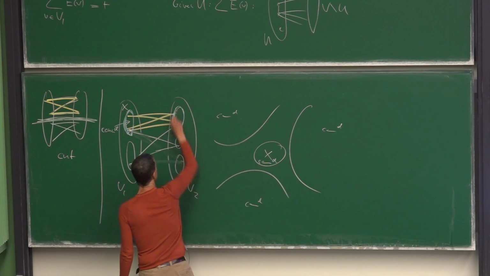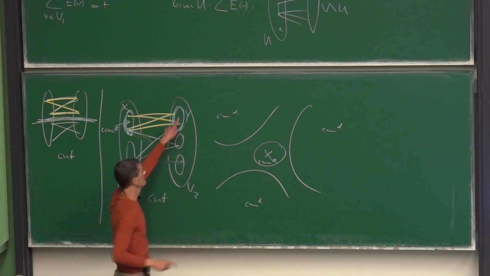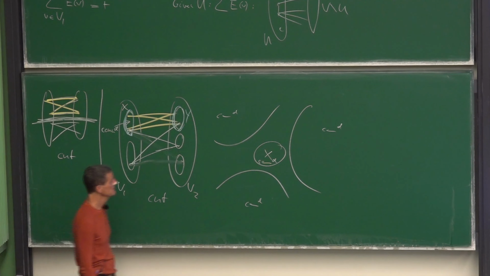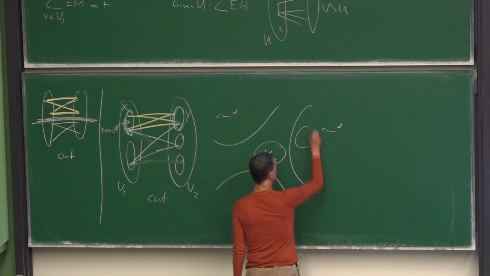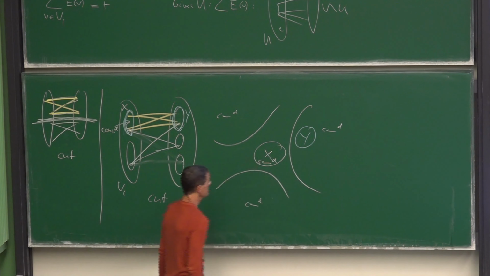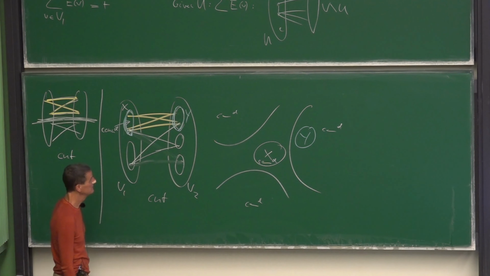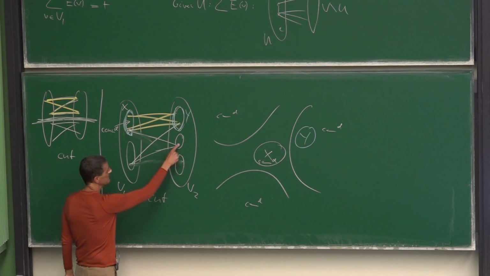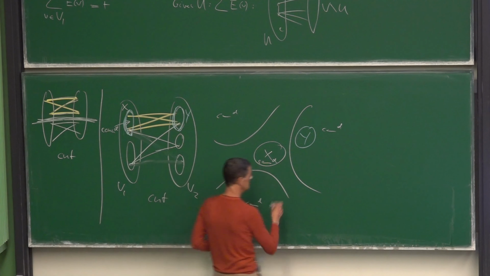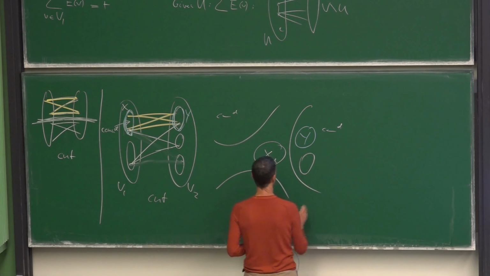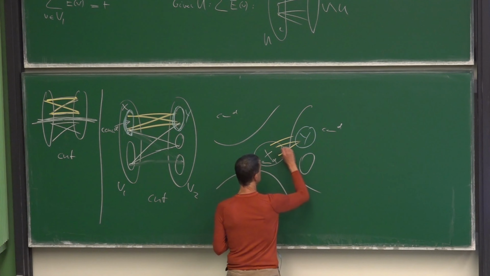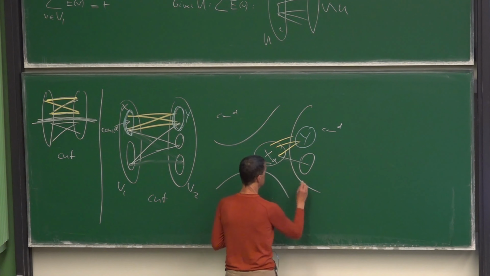So this y here was connected in the complement of X. So that is certainly inside some component. But there may be other blobs from this picture that are also in the other component. For example, X sends an edge to this. So we have some yellow edges, and we have some other edges.